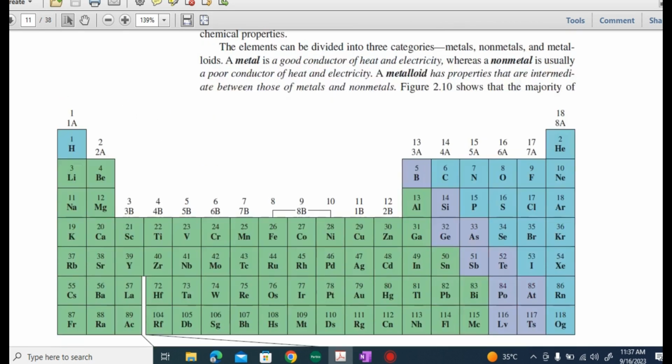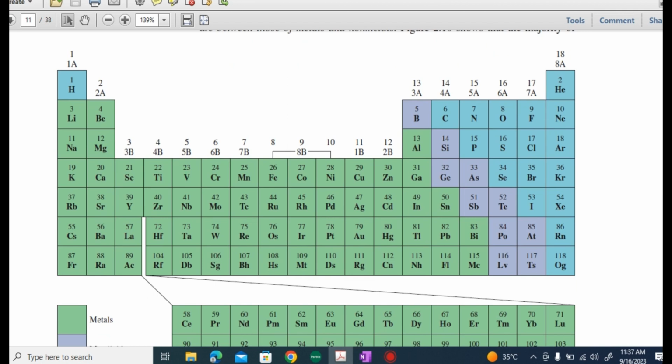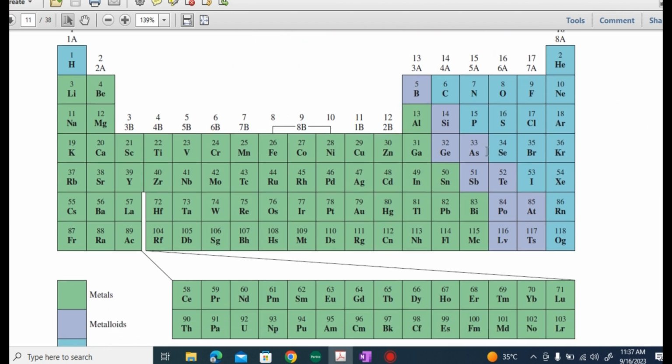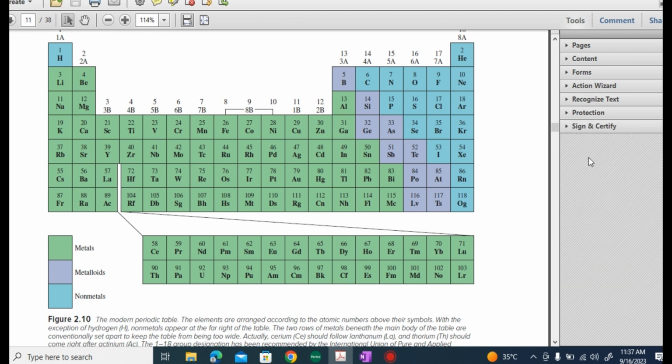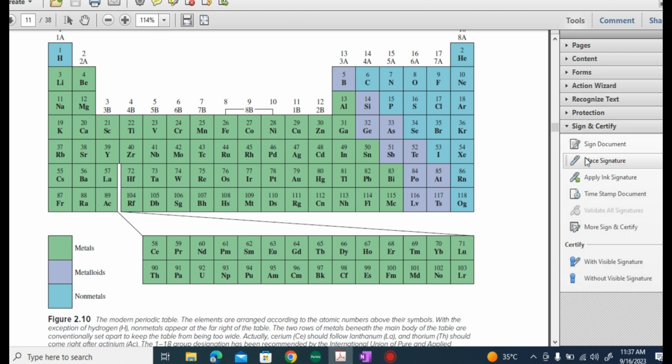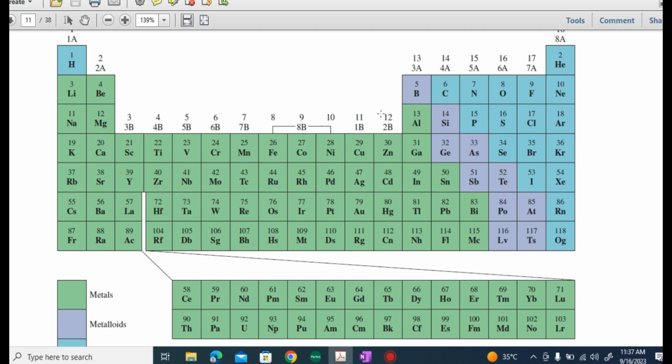You can easily see we see three colors mainly. First of all, in this periodic table we have mainly two things. First, these are the horizontal rows.